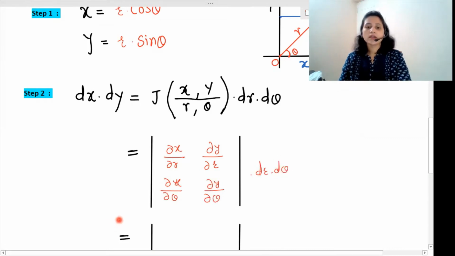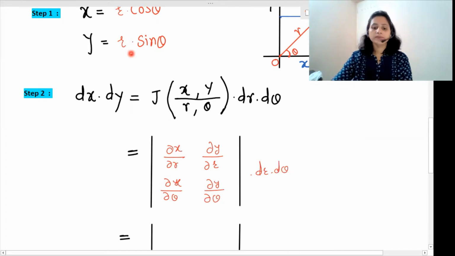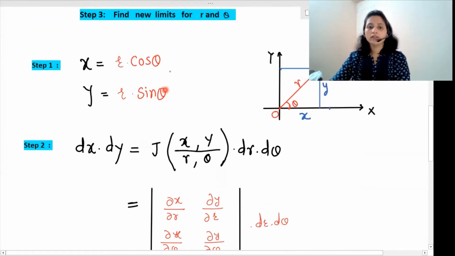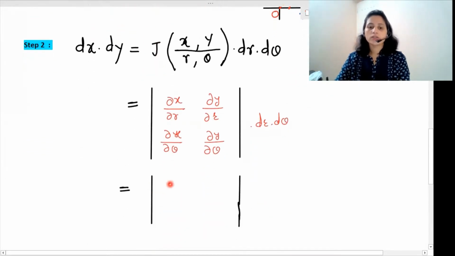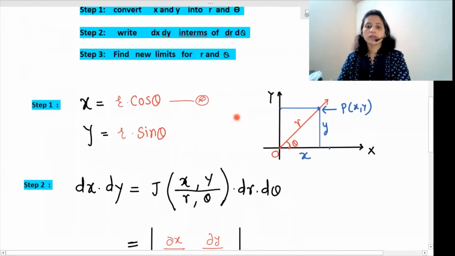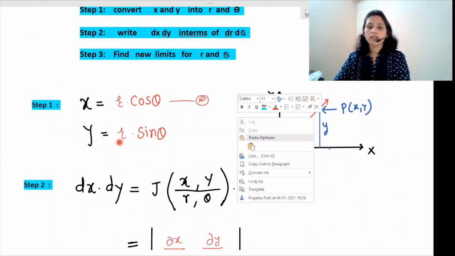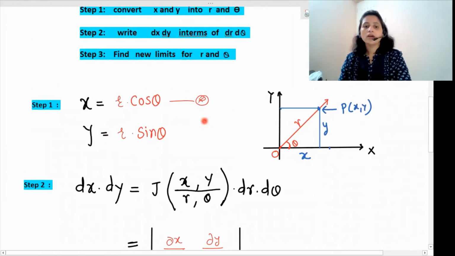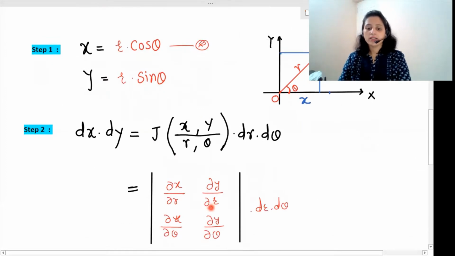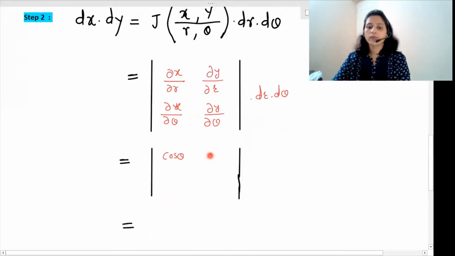Now next, what is ∂x/∂r? By step 1, ∂x/∂r is nothing but cos theta, right? So this is cos theta. ∂y/∂r, by this equation y equal to r sin theta, is equal to sin theta, right?